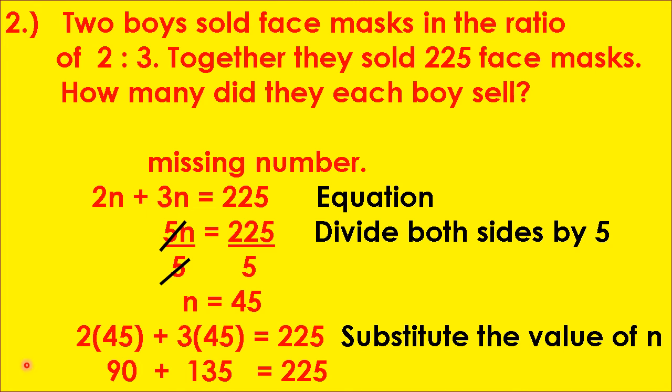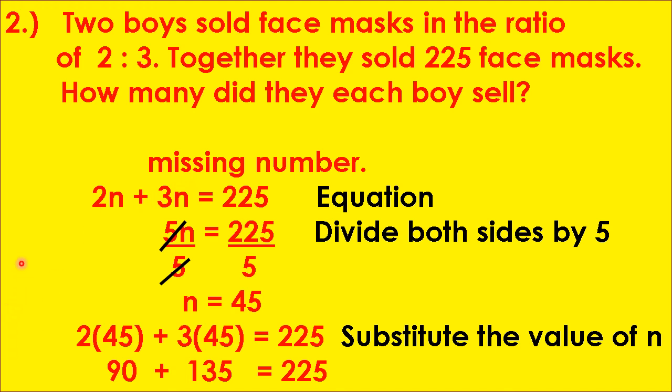Number 2. Two boys sold face masks in the ratio of 2:3. Together, they sold 225 face masks. How many did each boy sell? So we are going to write the equation.